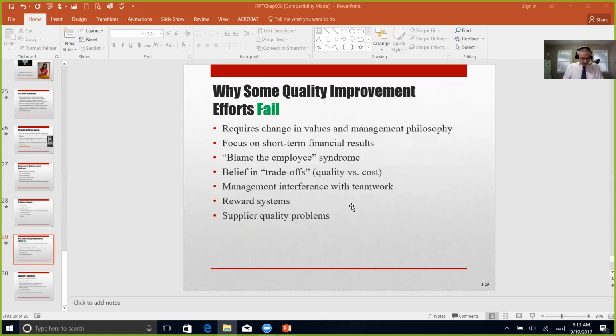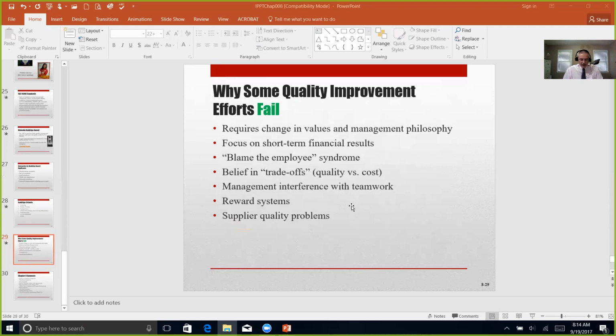Some managers may believe in trade-offs when they decide to skip, ship, or fix a quality product. Again, those short-term results. Sometimes teamwork is non-existent. Sometimes we fail to ensure that our suppliers who are having quality issues, that we're working with those suppliers to help them resolve those issues as well.